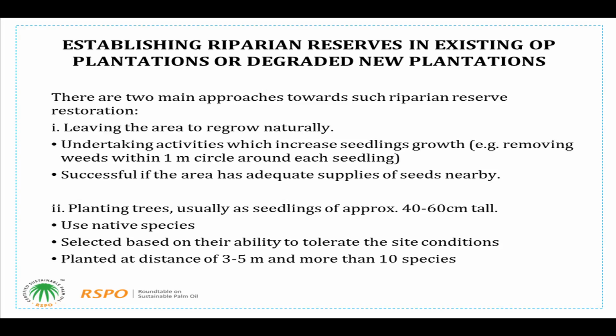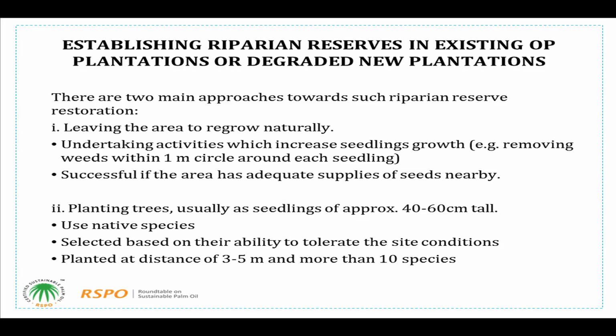You either leave the area to regrow naturally while undertaking activities which increase seedling growth, and also removing weeds within a circle around each seedling. This option will only be successful if the area has adequate supplies of seeds nearby.